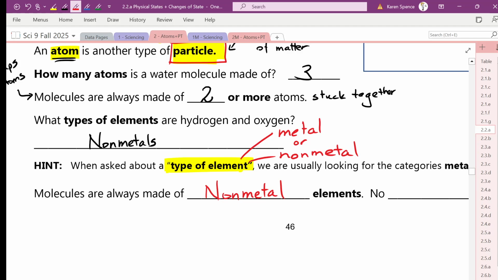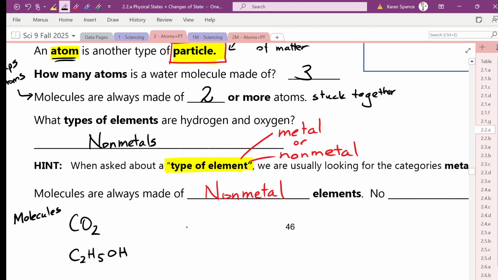Okay, I'm going to give you some examples of molecules. We've got CO2. Is carbon a metal? No. No, that's a molecule. How about that alcohol? C2H5OH. We have carbon and hydrogen and oxygen. Are any of those metals?